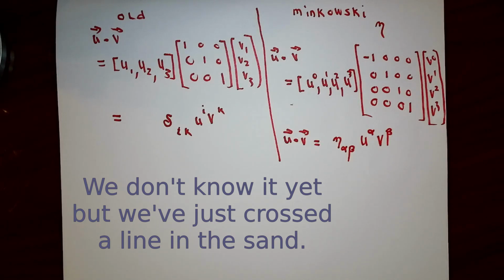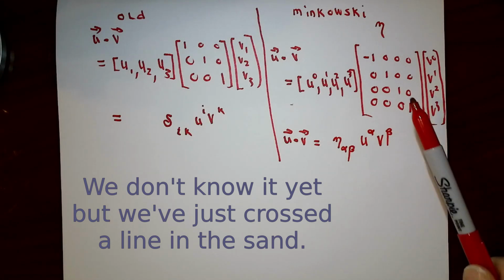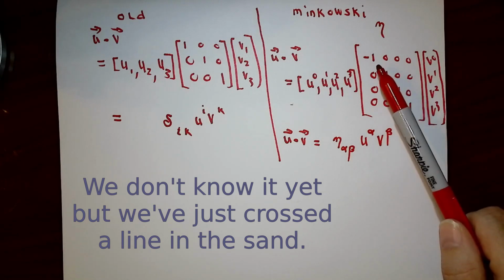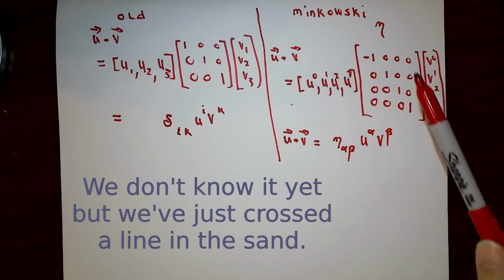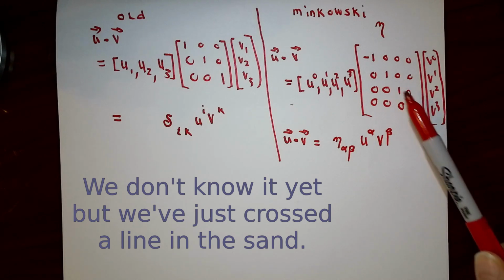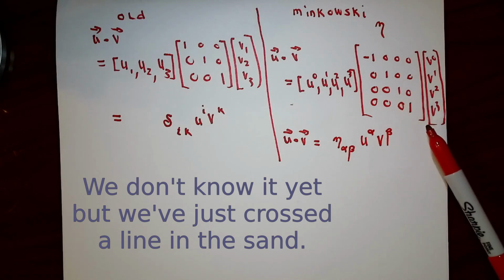The Minkowski dot product can be written as eta alpha beta u^alpha v^beta, with the understanding that both alpha and beta are indexes of summation. Amongst the eta numbers, eta 0,0 is -1, eta 1,1, 2,2, and 3,3 are equal to 1, and all other eta values are 0.